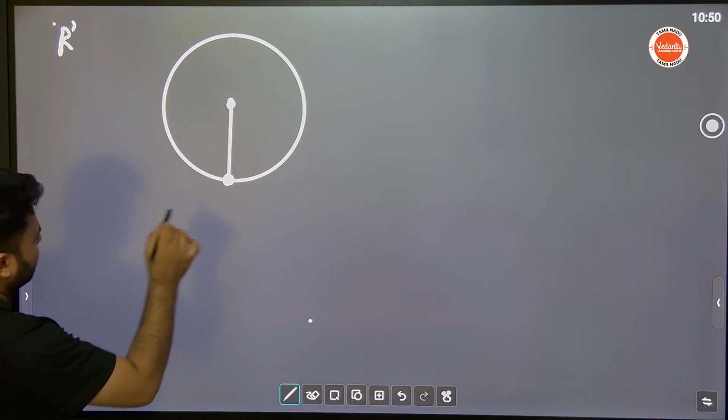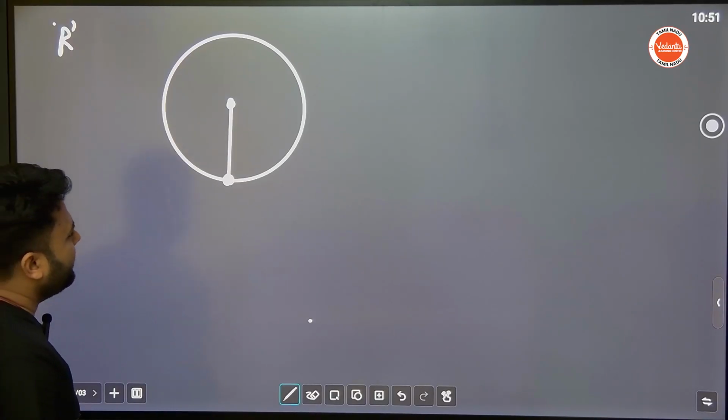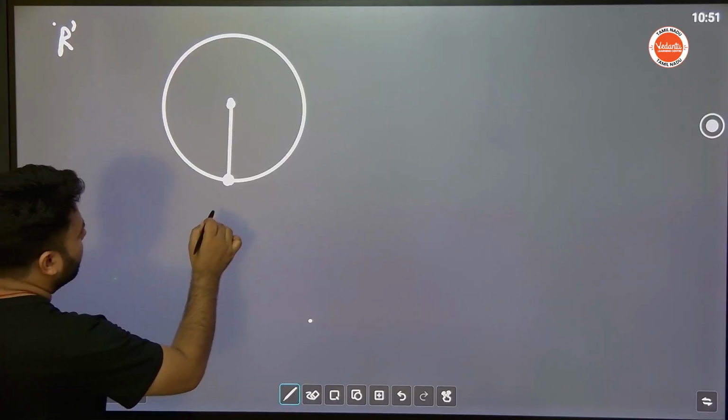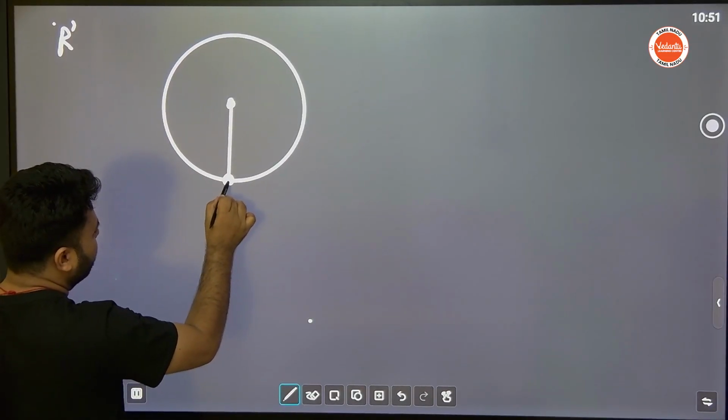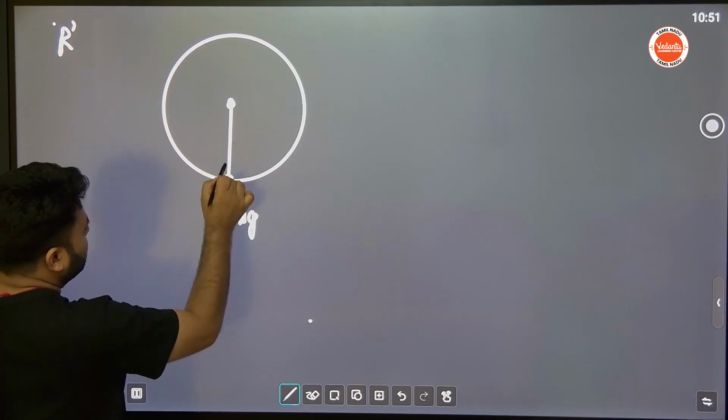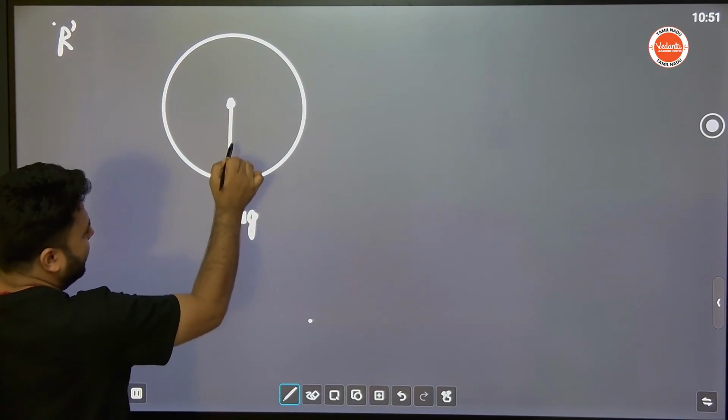At this point, if I ask what are the forces acting on this ball, you will say, sir, one force is mg, one force is tension. Tension always acts away from the body.